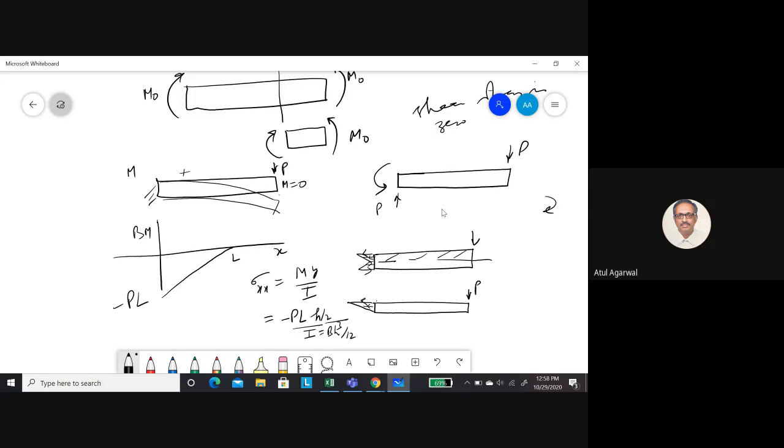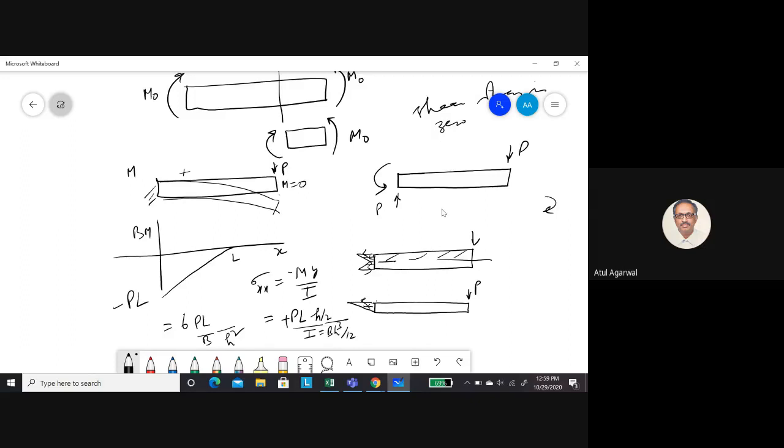And this stress is positive, tensile. So I think there is a minus, so this becomes plus. So this is the stress here. So the maximum stress is 6 PL by bh square. Yes, sir. This is the maximum value of your stress.